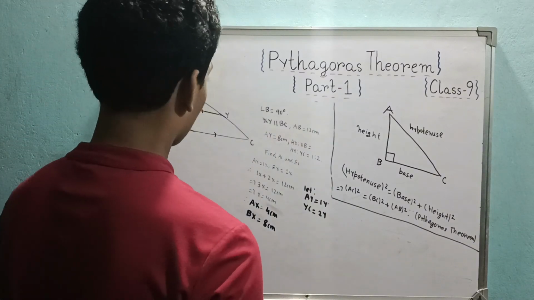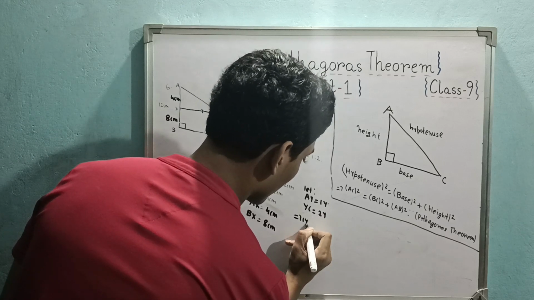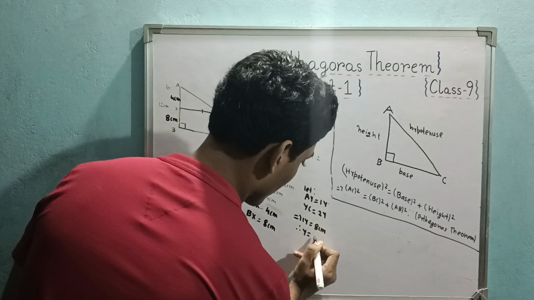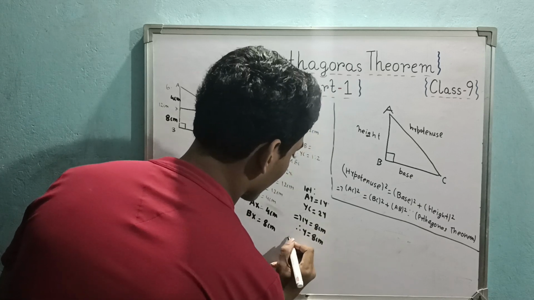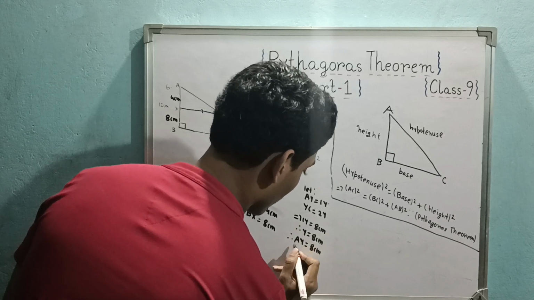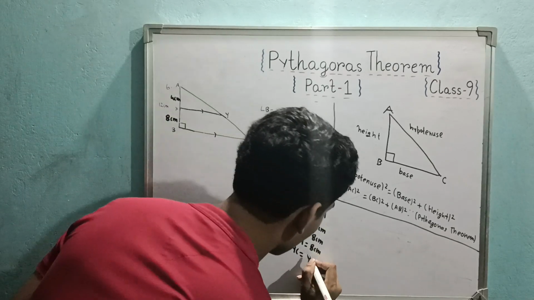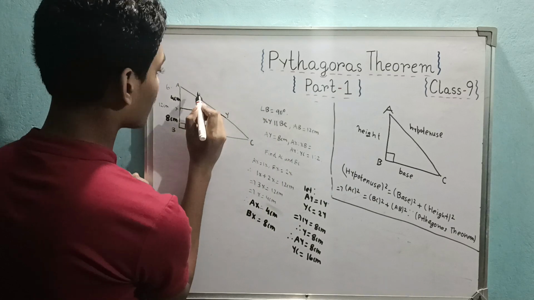Now see, AY is given as 8 centimeter, so 1y equal to 8 centimeter. So y equal to 8 centimeter. Therefore AY equal to 8 centimeter. YC equal to what? 2 into y, or 2 into 8 centimeter, equal to 16 centimeter. That's right.